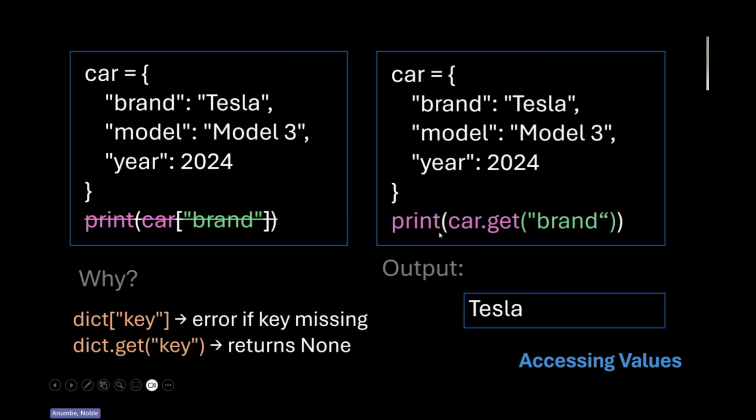And for you to create that kind of insurance, you use this versus using this. So dict square brackets key would return an error if the key is missing or not available. But dict dot get with a key within the parentheses would usually return none.